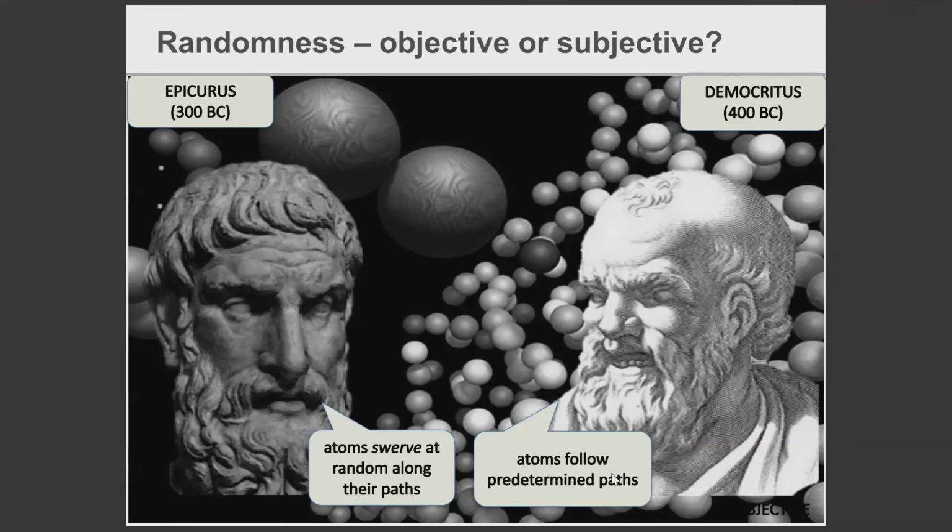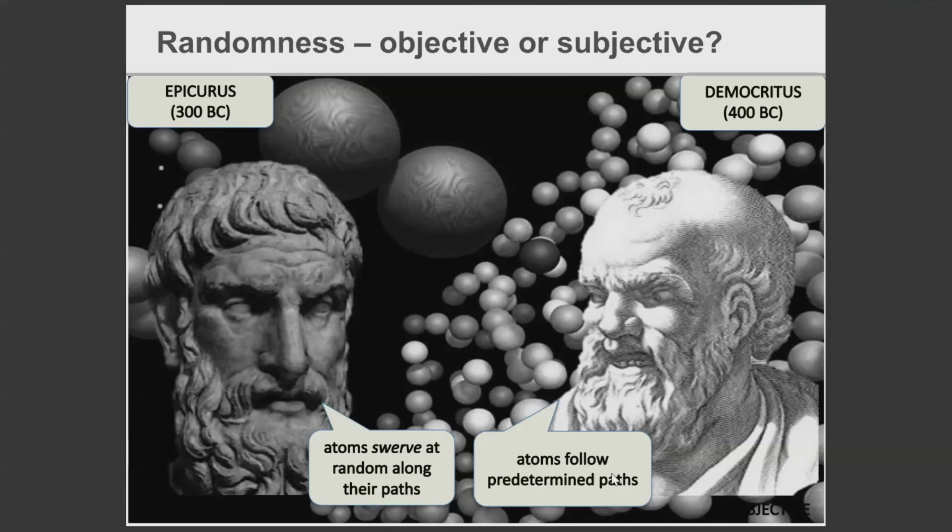One, represented by Democritus, was that all those basic entities which the Greeks recognized as atoms, thinking about them, of course, in a completely different way than we think about them today, actually follow a well-defined trajectory. So if you perceive randomness, it's because you perceive it.